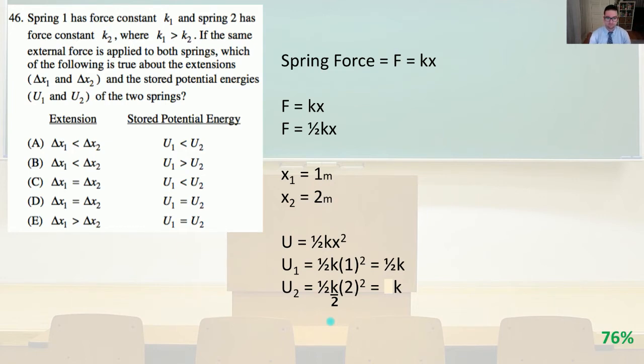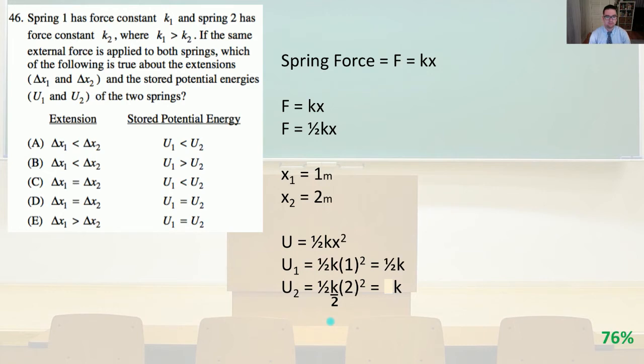So therefore, U is going to equal 1/2 kx squared, and U1 is going to equal 1/2 k of 1 meter, that quantity squared, equals 1/2 of k. Again, units are somewhat left up to you to carry forward, so it doesn't muddle the math. And then U2 is going to equal 1/2 k times 2 squared equals k.